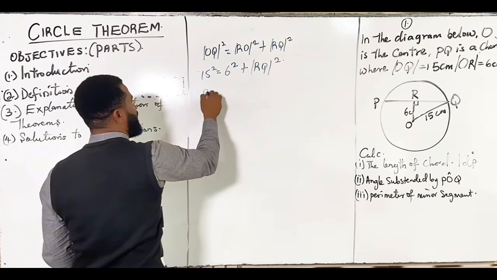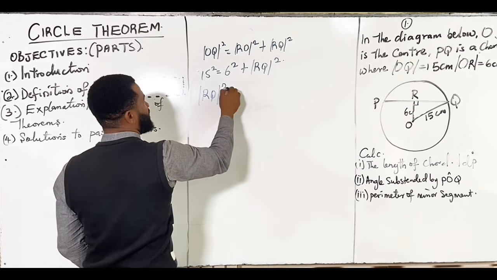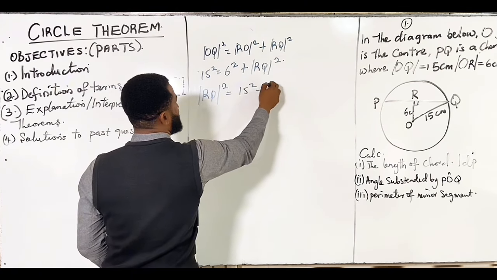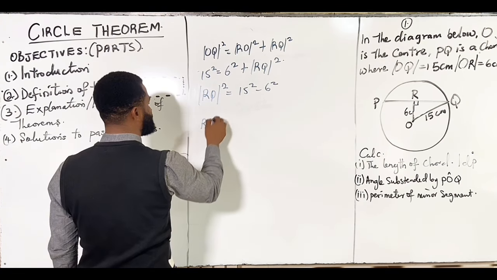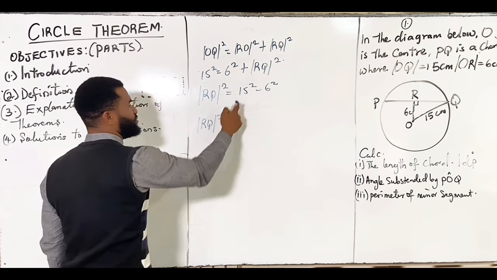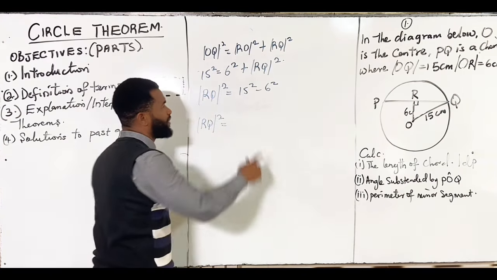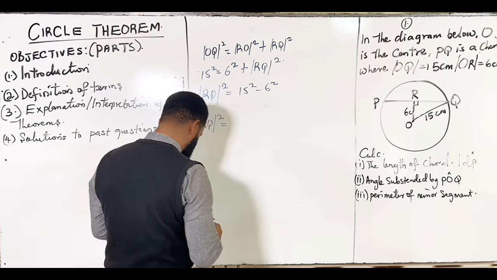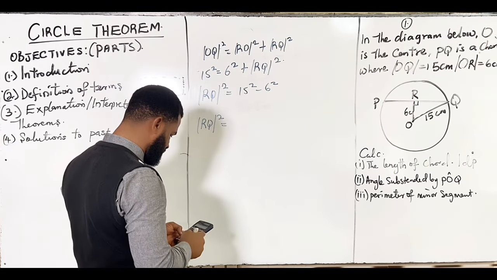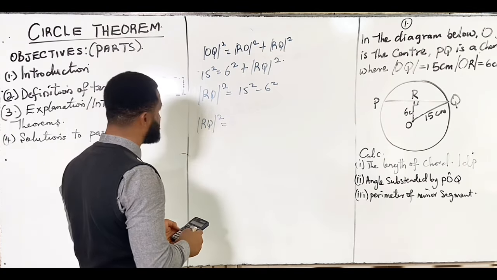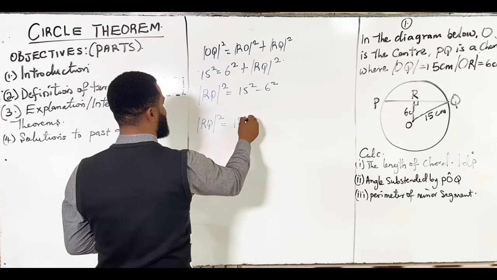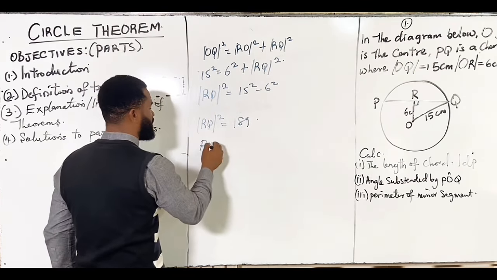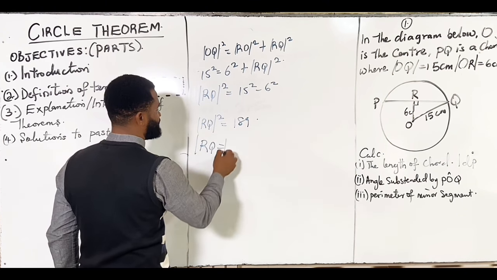So RQ squared is going to be equal to 15 squared minus 6 squared. 15 squared is 225, minus 36, which is 189. And the square root of 189 is going to be 13.